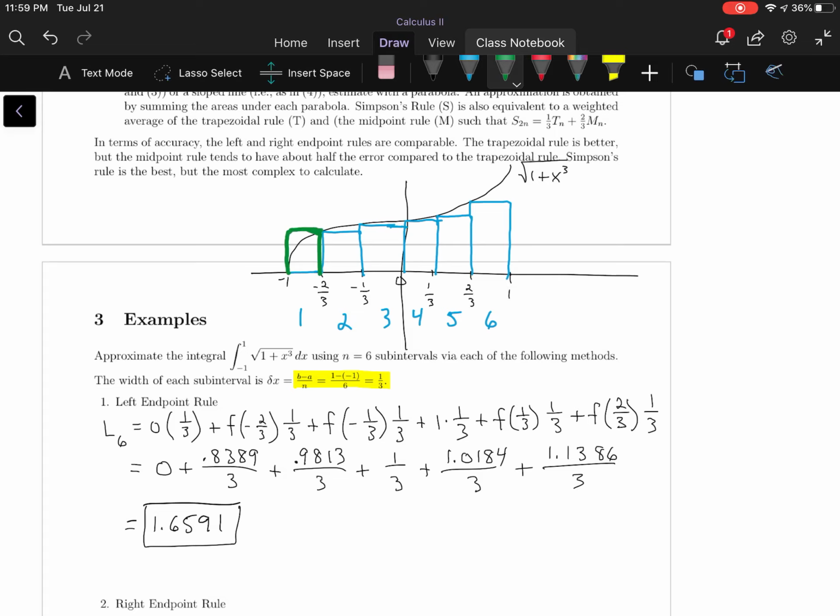Okay, and then the next one looks like that. The third one is about there. Fourth.